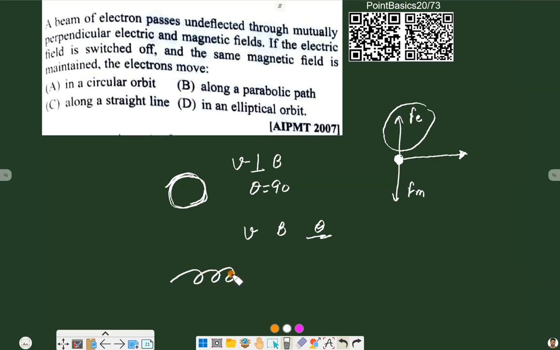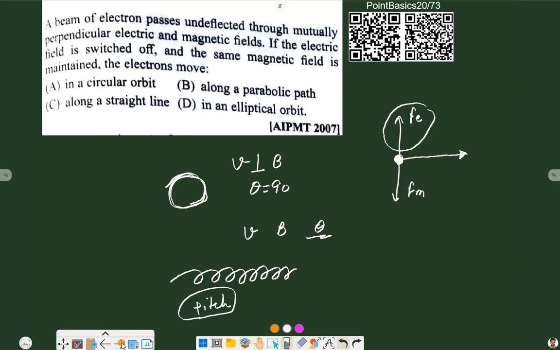Path will be circular, but motion will be in 2D. We will have the concept of pitch here. So in this case, we assume that angle is 90 degrees, so it will move in a circular orbit. So option A will be the right answer here.